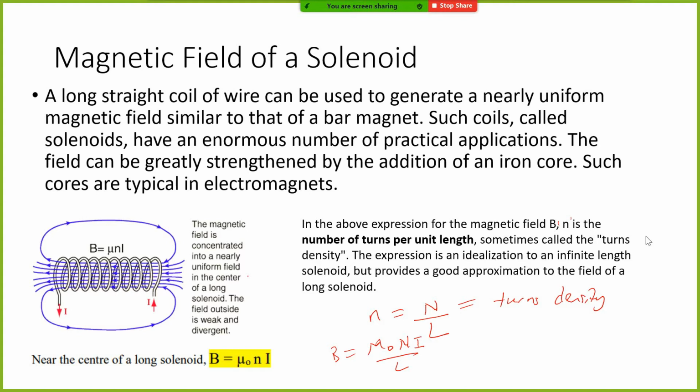So for every centimeter there is 200 turns. That's just what it's saying, and it's carrying a current of 200 milliamps. So you have all information there.